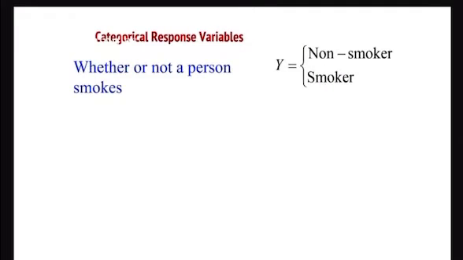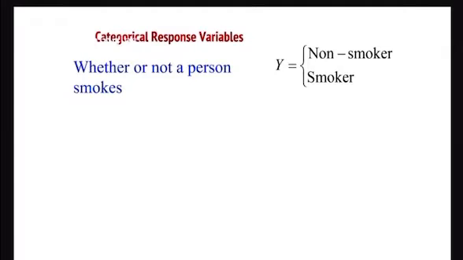I'm actually going to start with an example. Let me tell you this: the nature of the response variable will determine the regression type. I'm going to say that again. What determines the type of regression to use is the nature of the response variable.